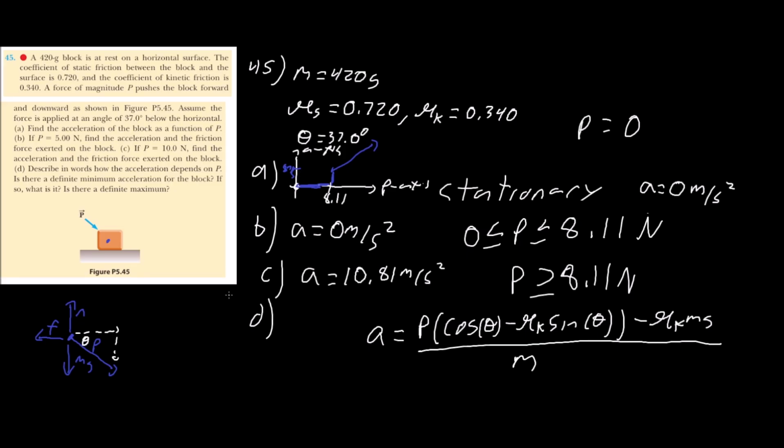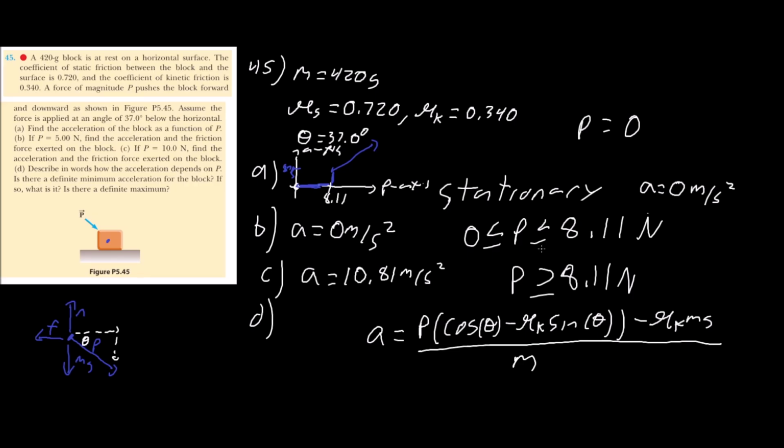If the values of P are from 0 to 8.1 newtons, the acceleration is 0. The friction will always equal whatever component you push P on. Therefore, the block is stationary.